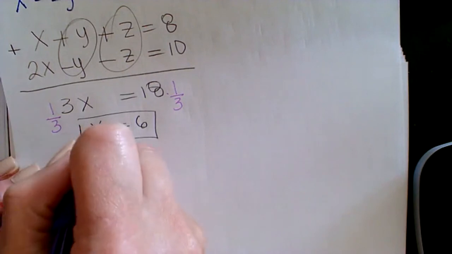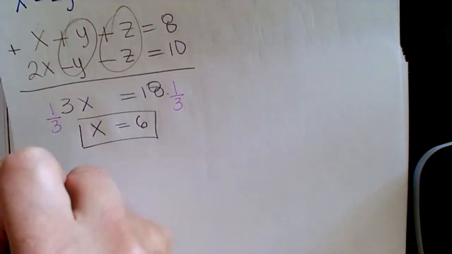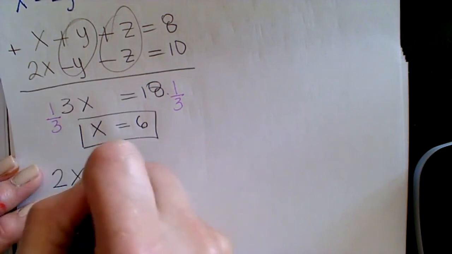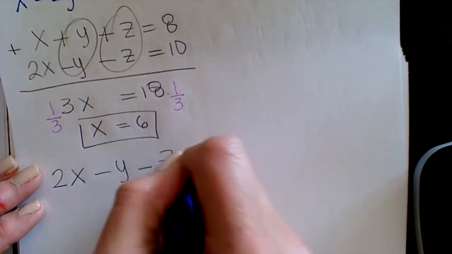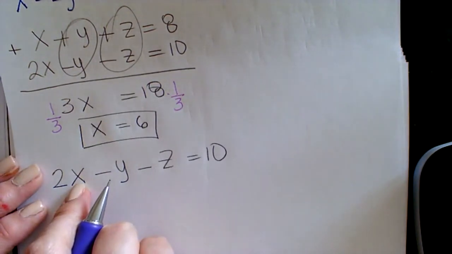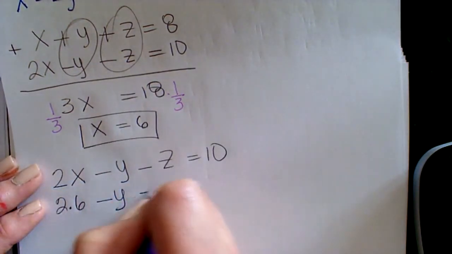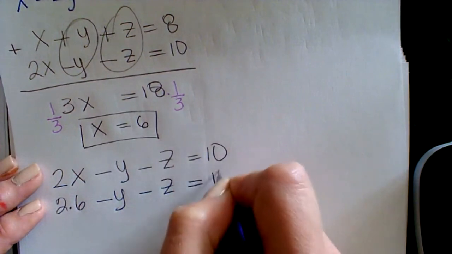So then if I replace this x equal to 6 on this equation, it's going to be 2 times 6 minus y minus z.